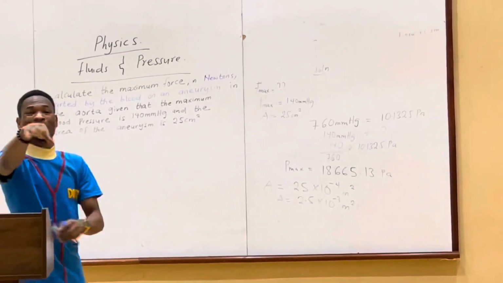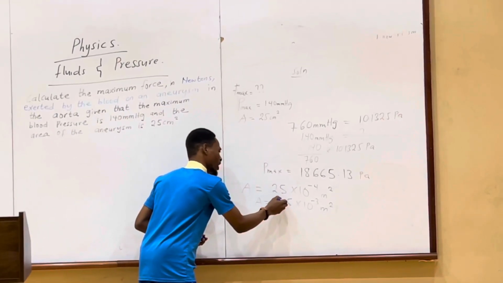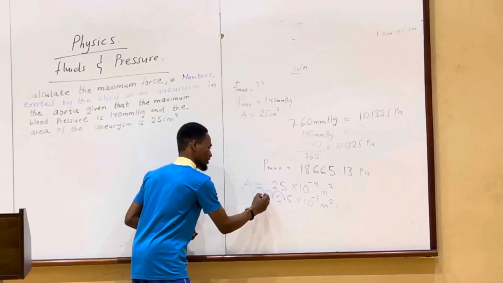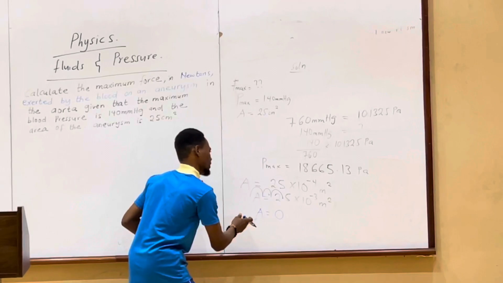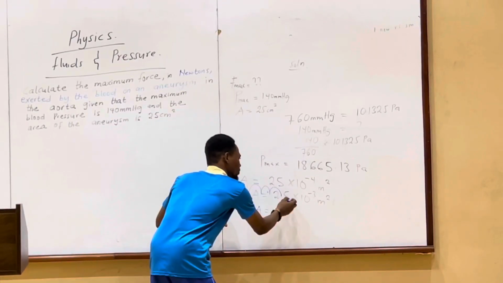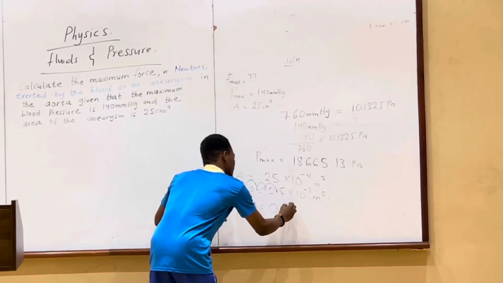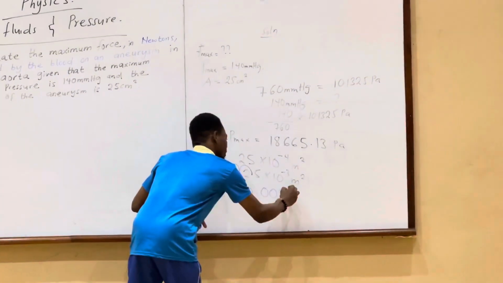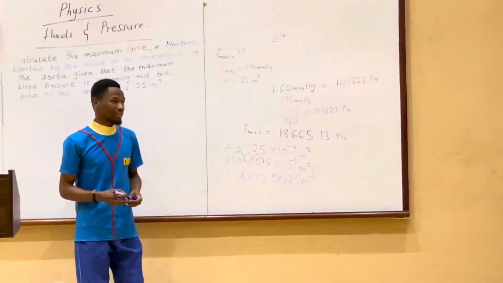And of course, mathematics will tell you that this is the same as 0.0025 meter square. They are the same thing.